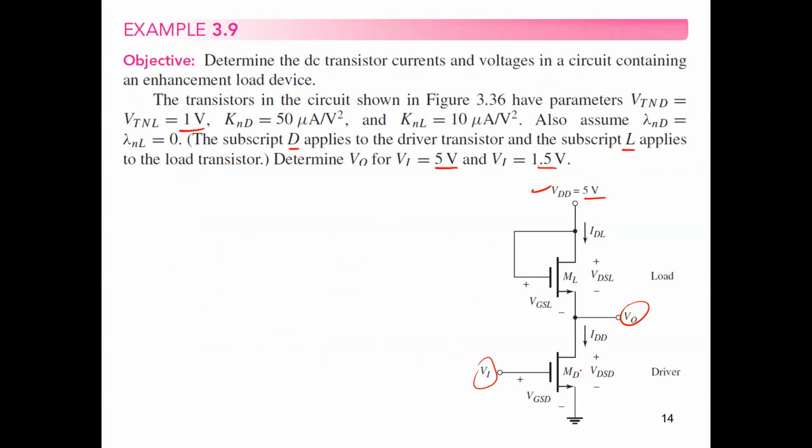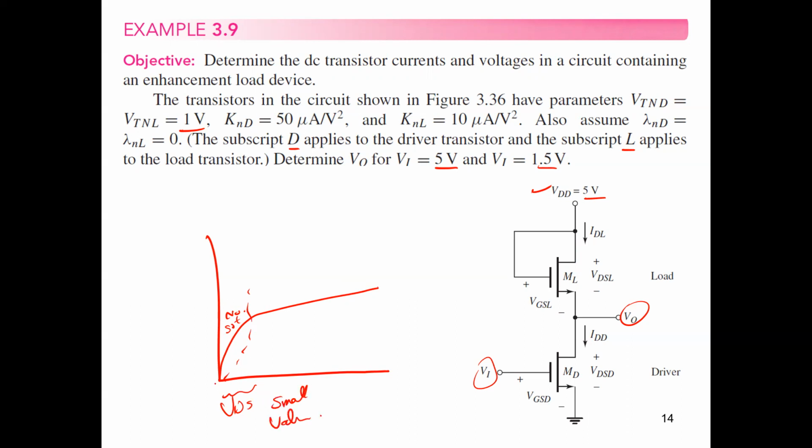This means the drain source is a small value, which means it's non-saturation in the curve, because if you remember, this is the shape of our characteristic curve, and if we are working in the non-saturation region, the values of VDS will be small. So VDS are small values in non-saturation region.